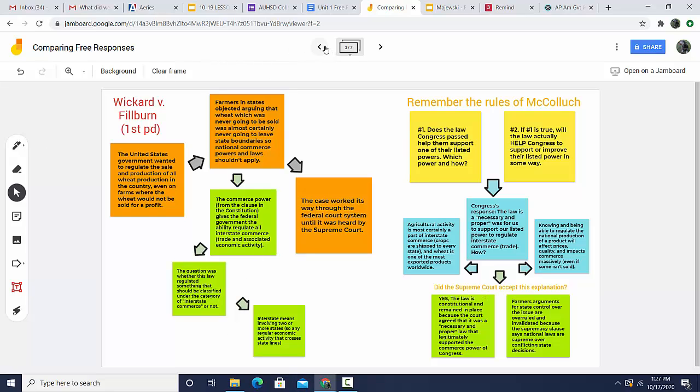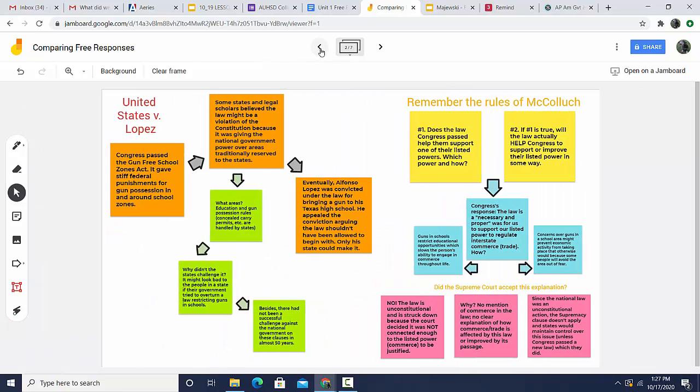How does this compare back to Lopez? Well, let's pay attention to what we see over here on the right-hand side. How did the court rule, right? The court ruled completely in an opposite way, right? In the one case, in Lopez, they ruled that it's unconstitutional. Why?